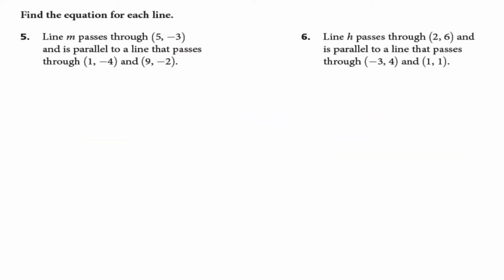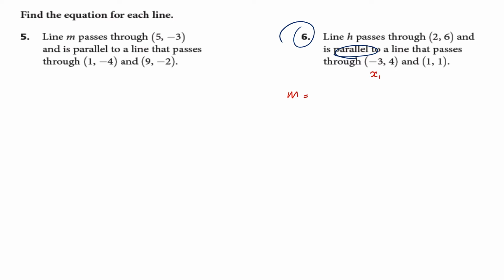Let's practice one more question, that is number 6. Line h passes through the point (2, 6) and is parallel to the line which passes through the points (-3, 4) and (1, 1). So what is the first point? Find the slope.